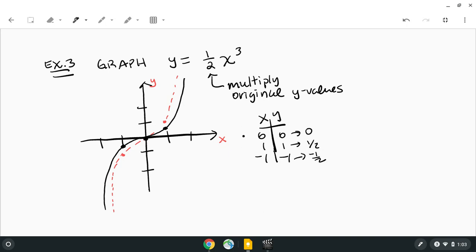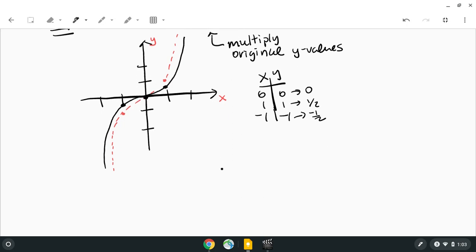That's going to be your new points: (0, 0), (1, 1/2), (-1, -1/2). But you should be able to just see it here. Y value 1, 1 times 1/2. And remember, our original y values are either going to be 0, 1, or -1, so multiplying a constant by them is easy. You should be able to do it in your head.